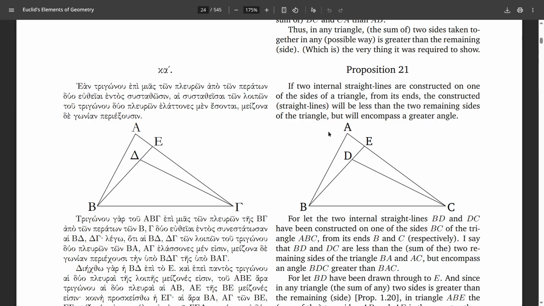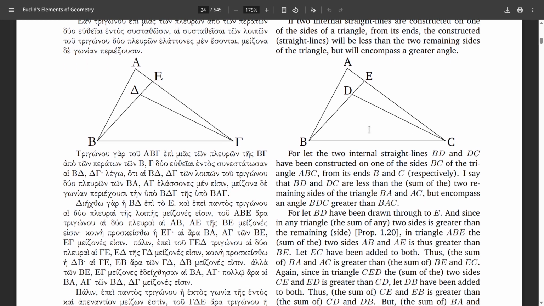Prop 21. Alright, what's up? Okay. Yeah, I don't really know what this is saying.